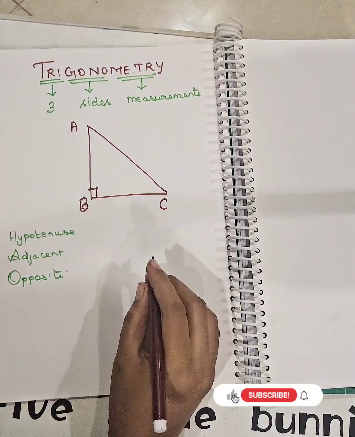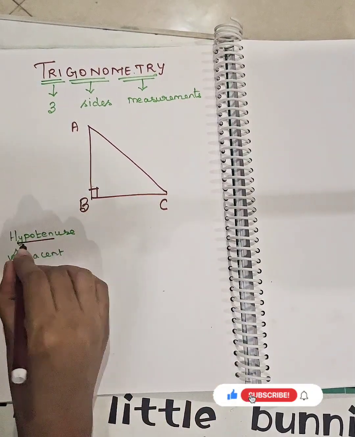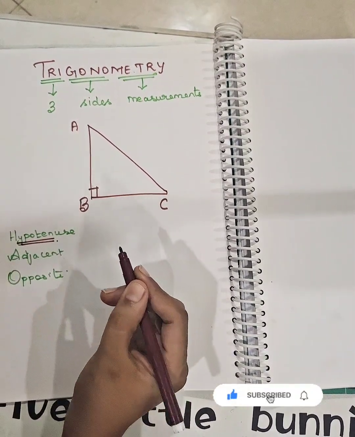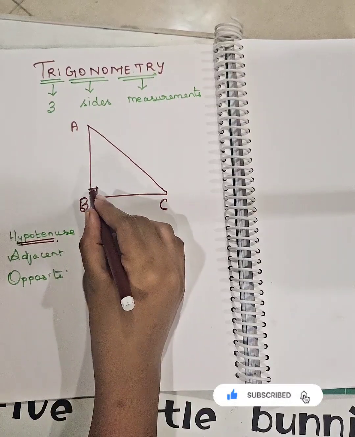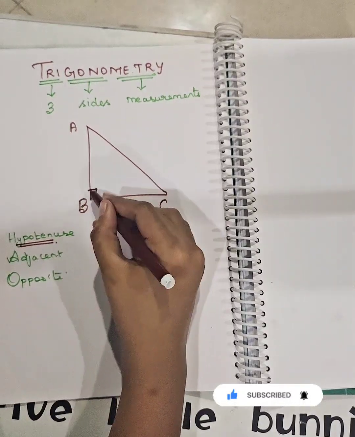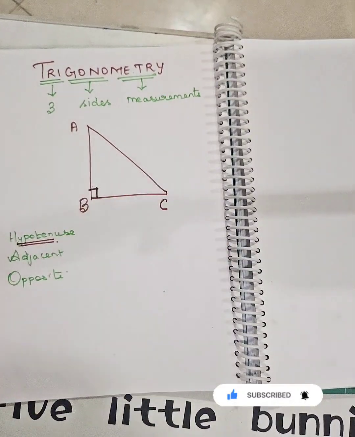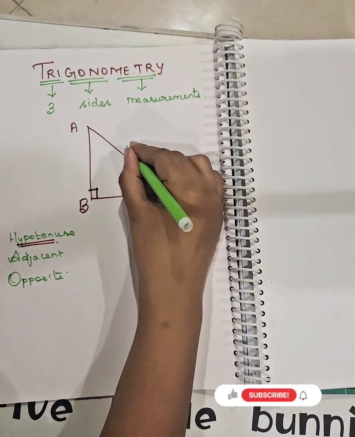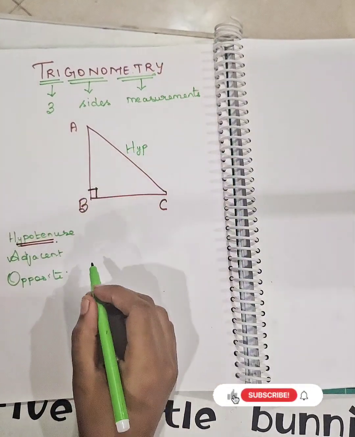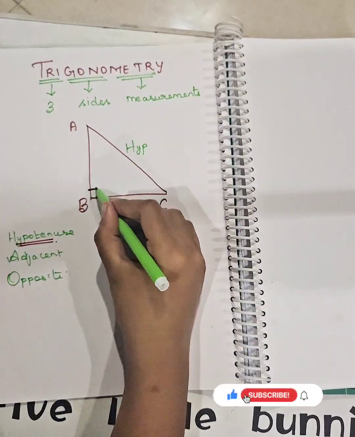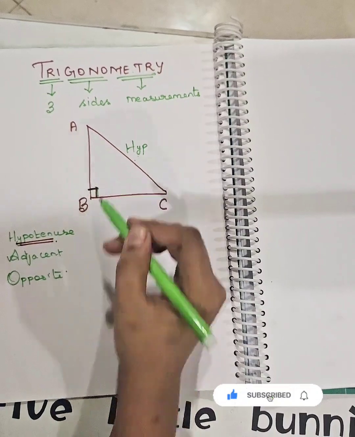So what is called the hypotenuse side? That is the side which is exactly opposite to the right angle. So in this triangle, AC is the hypotenuse side, which is exactly opposite to the right angle.